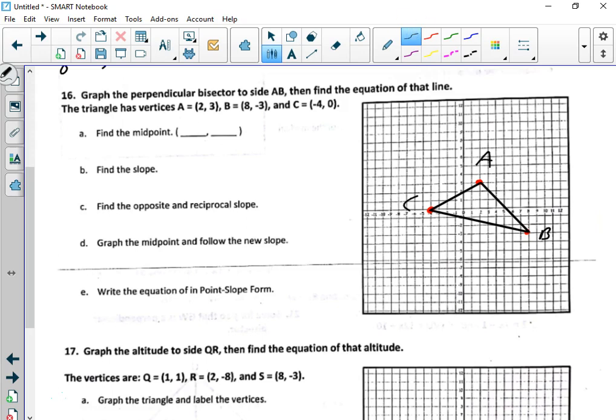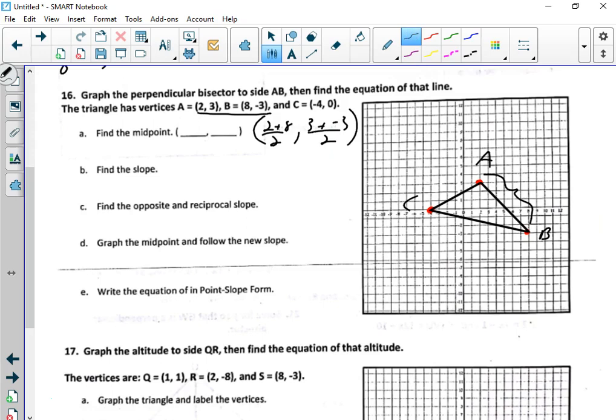The perpendicular bisector to side AB, which means we need to find the midpoint of that line, because the bisector is going to bisect it, cut it in half. So to find the midpoint, again, we're going to use A and B here, and we're going to do 2 plus 8 divided by 2, and 3 plus negative 3 divided by 2.